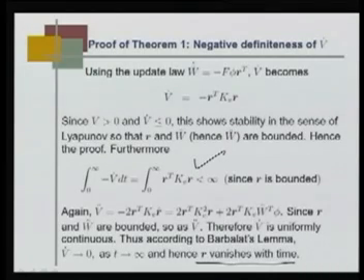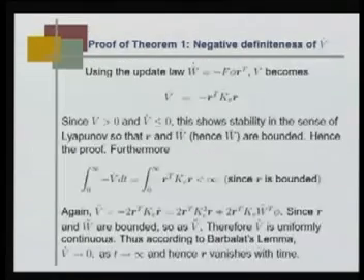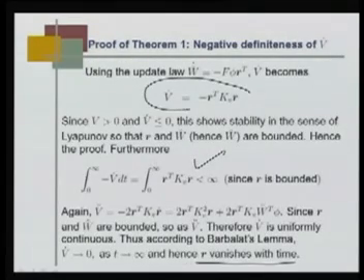So, what we showed here is that with this update law, the rate derivative of the Lyapunov function is negative definite, always negative for values of r not equal to 0. When r is equal to 0, this is 0. Further, we are showing that V dot is uniformly continuous.